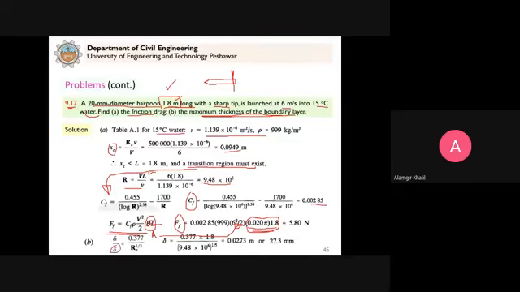Because we already saw that as the distance increases, the thickness of the boundary layer increases. It is directly proportional to this. So this is the maximum thickness of the boundary layer. This is how we use these equations to solve the problems in this chapter.